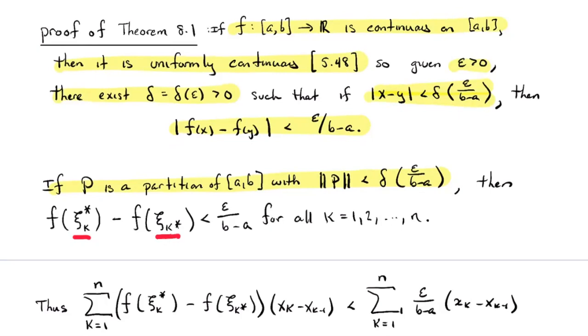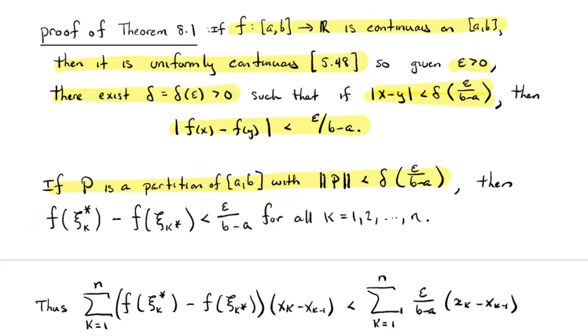Any 2 points in the kth subinterval are closer than delta to each other. So I know that the absolute value of the difference of those two outputs is less than epsilon over b minus a. But in this case, those absolute values aren't doing anything because the absolute maximum value is always greater than or equal to the absolute minimum value. So that difference is greater than or equal to 0, and I don't need to write the absolute values.